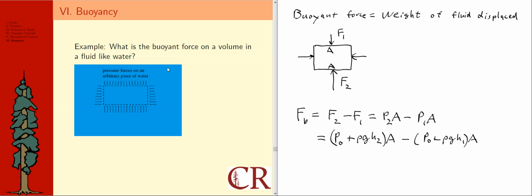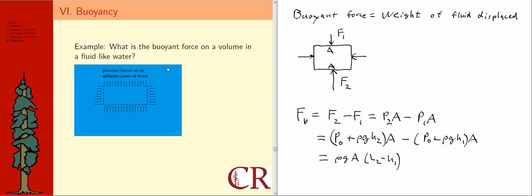But what's going to happen here is P naught A in the first term will cancel the minus P naught A in the second one. And so the overall result is rho g h2 A minus rho g h1 A, which could be rewritten as rho g A times (h2 minus h1), where these h's represent the 2 depths.